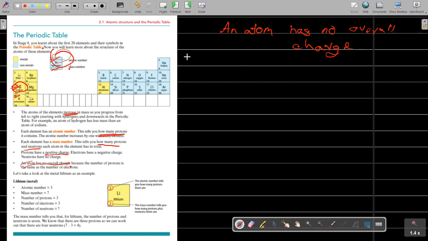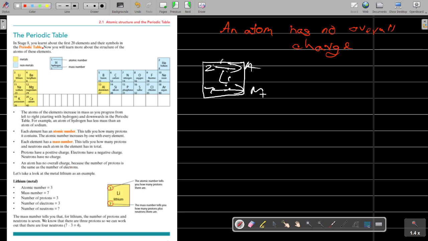So, first one, lithium I will take. Lithium, 3 and 7. Atomic number, mass number. Now, in this, 3 is the atomic number.